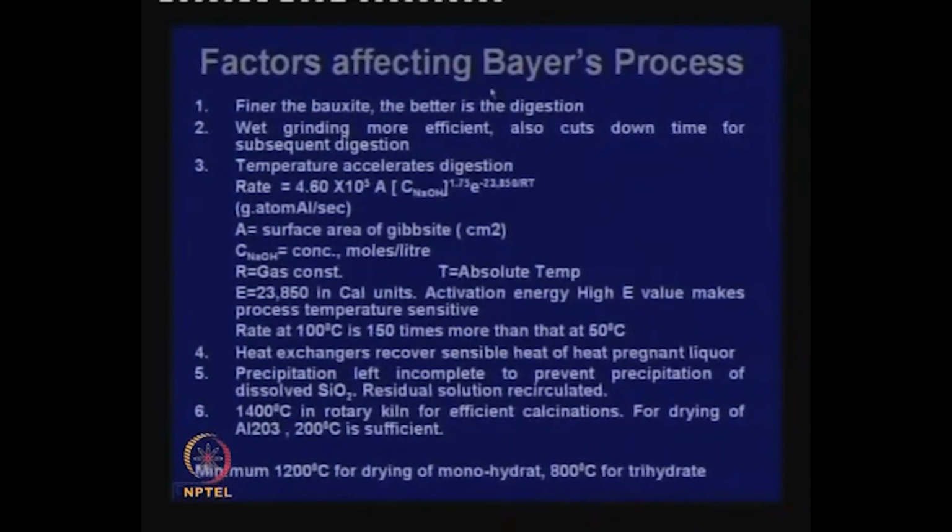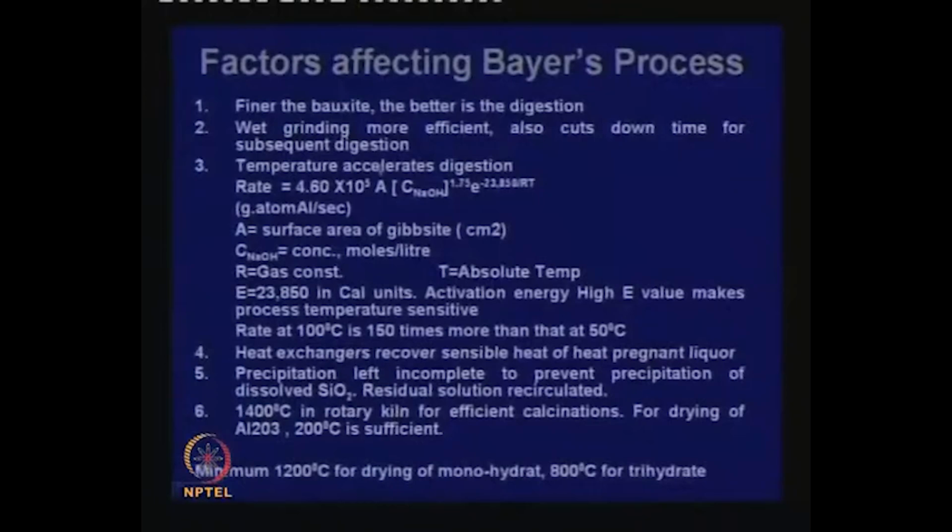And the key to aluminum extraction is Bayer's process, which produces pure alumina. It depends on many factors. Some of them have been considered: particle size, concentration of leach liquor. People have come out with an equation for the rate of leaching. Temperature should be high, and sometimes it operates at 220 degrees leaching.